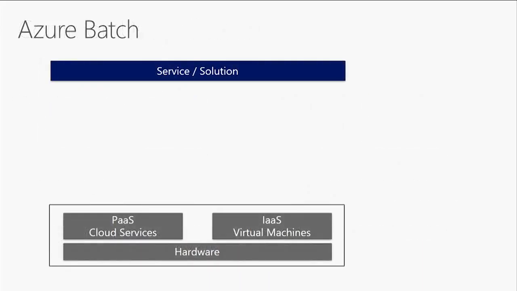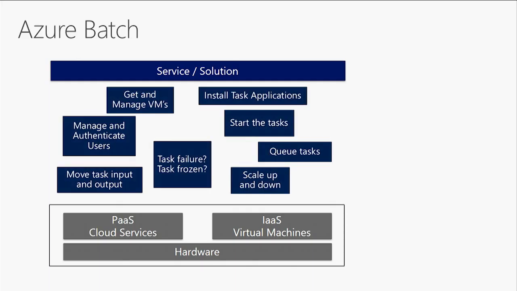So Azure Batch, where does it fit in the stack? We have our compute platform, cloud services, virtual machines, and if you're building your own service or solution on top of that, you certainly can cater for these sorts of workloads by building directly on top of the compute stack. But it is a significant amount of work, and it's just pure infrastructure.